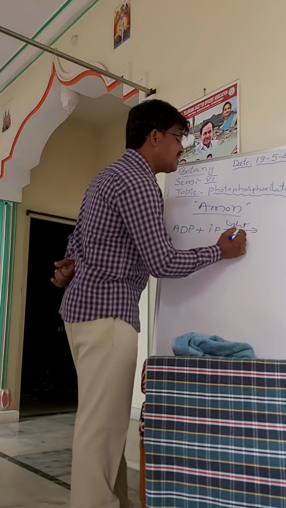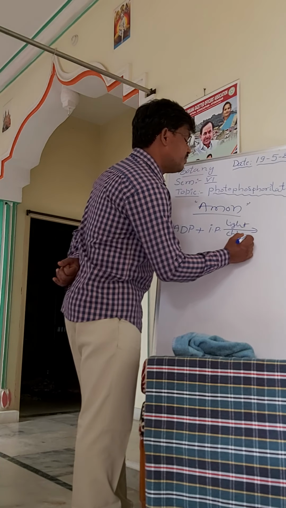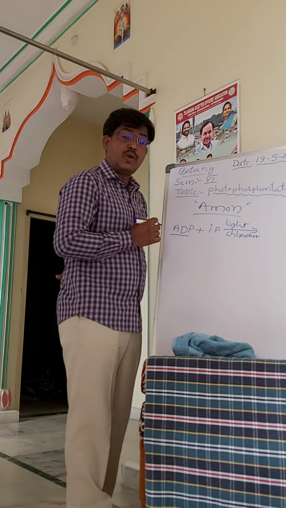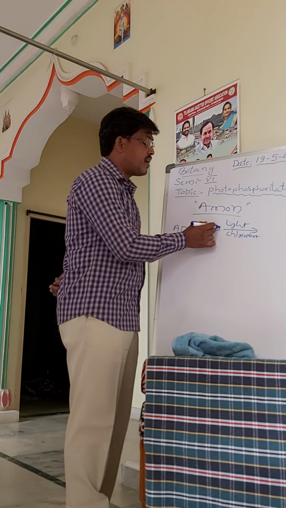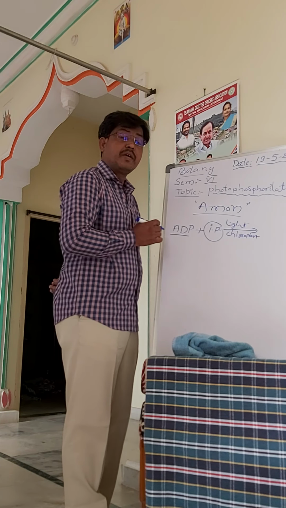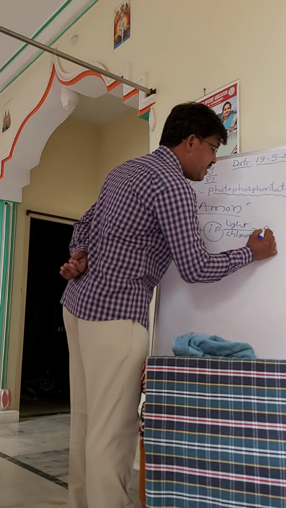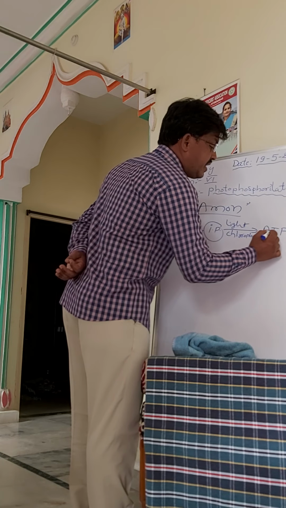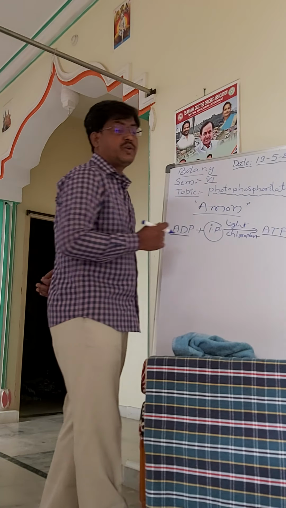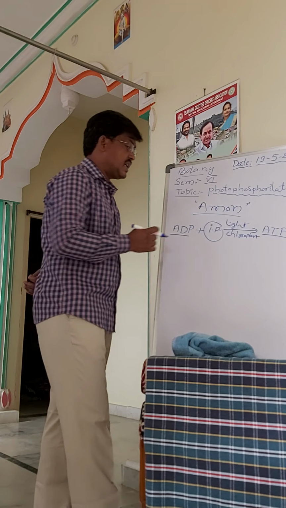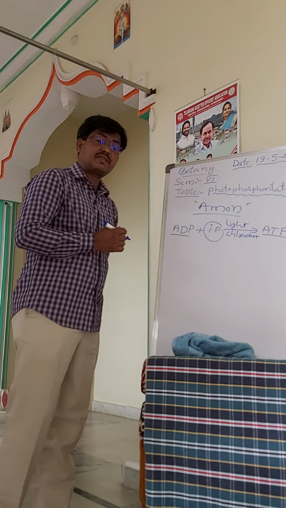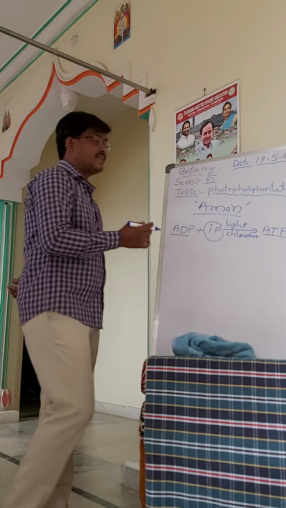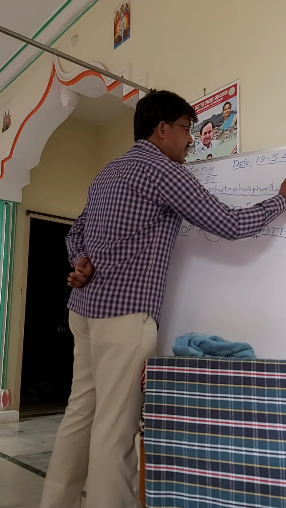The ADP absorbs this inorganic phosphate and is converted into ATP, adenosine triphosphate. This occurs only in the chloroplast stroma, not matrix, the chloroplast stroma. So it is called photophosphorylation.